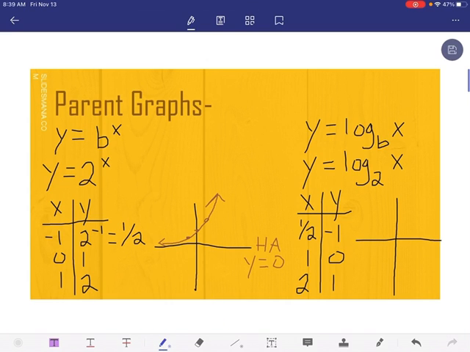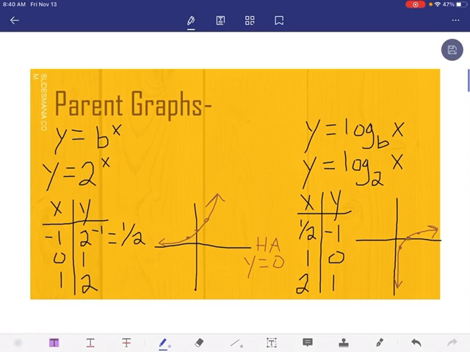So again, just plotting some points here. We have 1/2, -1, 1, 0, and 2, 1. So notice that this time we're still increasing, we're just not increasing as quickly.